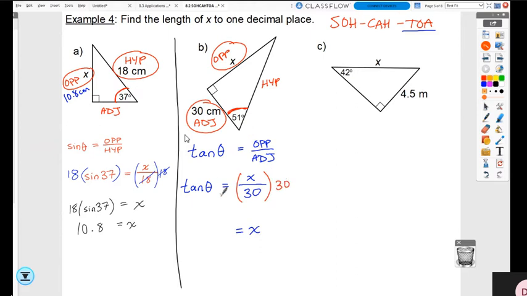Oh, sorry, whoa, hold on here. I forgot something, didn't I? Not tan theta, tan 51. Getting too excited. So we multiply each side by 30, and divide by 30 cancels with multiply by 30. So we should be left with 30 times tan 51.